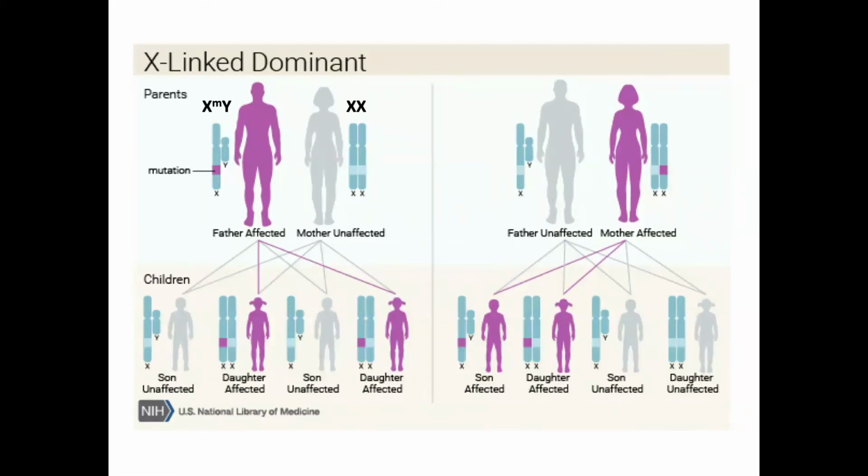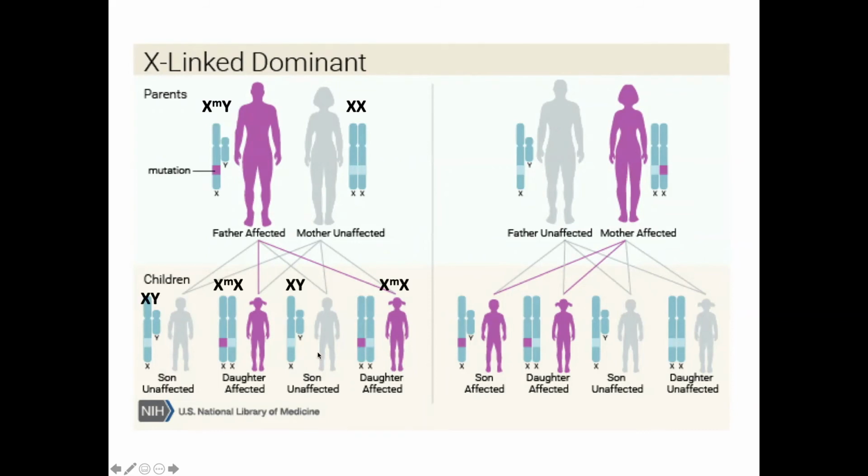If the mutation occurs in the X chromosome, we can label it as XM. Shown on the left, if the father carries the X-linked mutation, the affected father is hemizygous. The father's X chromosome can only be passed to his daughters, but not his sons.